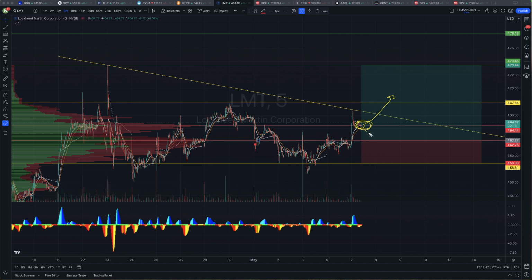And then if you get a move back into this area or even this area, you can add 1 and add 1, and then you'll be full positioned at 3. If that fits your risk parameters, you have to decide that, because 3 contracts here of LMT is expensive, right?